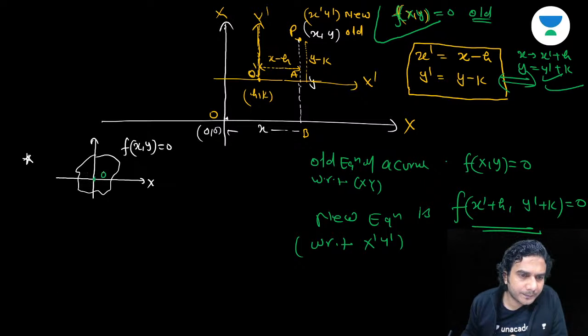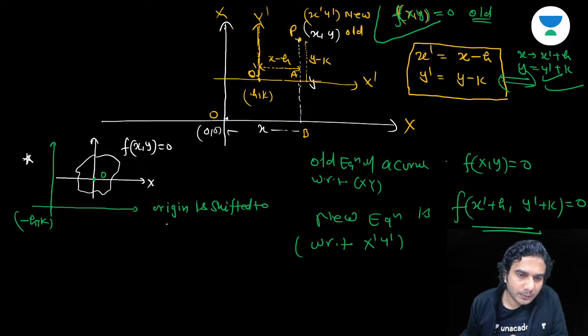This is O. Now you have shifted the origin to minus h comma minus k.